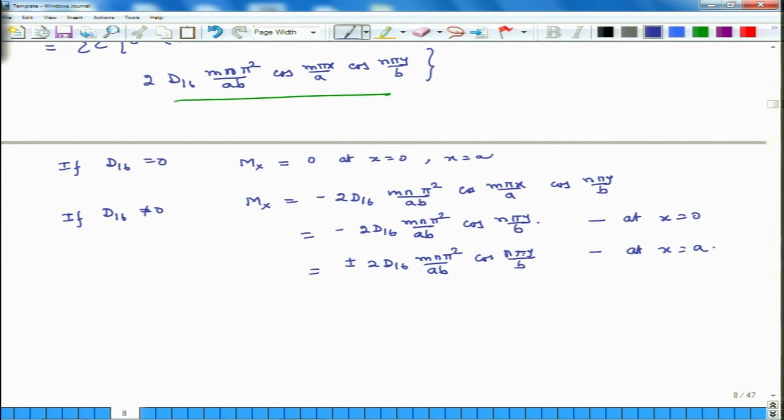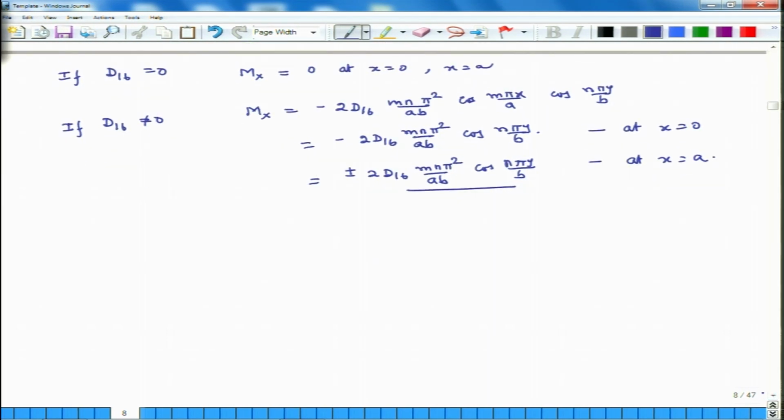If m is equal to 2, then it will be cosine 2 pi, which will be 1. So this will oscillate anyway. So at x is equal to 0, what is the shape of mx?